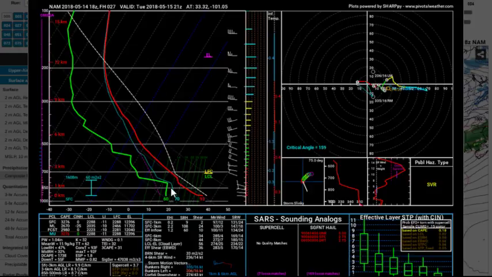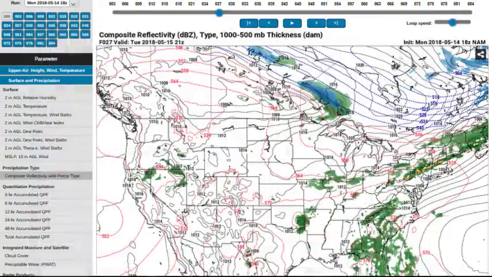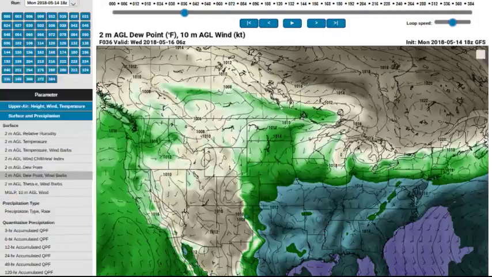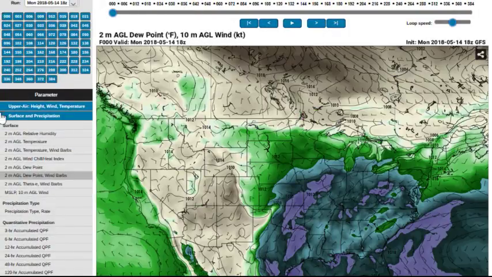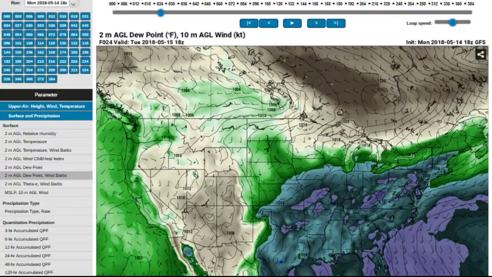And let me show you a good way of tracking the depth of this moisture. Now, usually when we talk about moisture quality, what we're looking at is dew point. So we look at these dew point charts here, and we see that maybe 60s and 70s are coming up northward, and we make our forecast based on that.